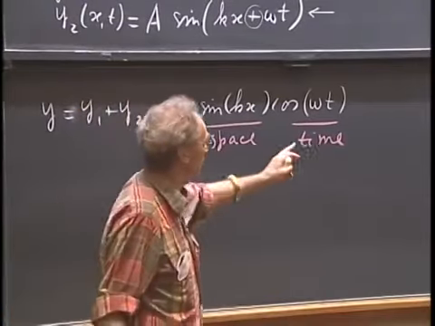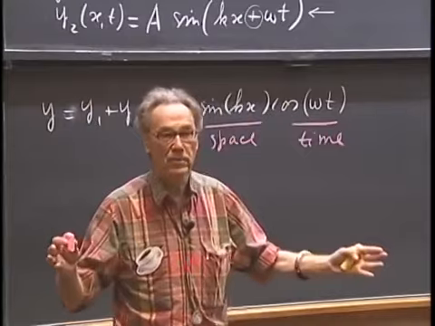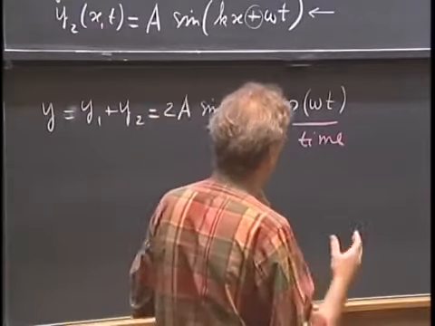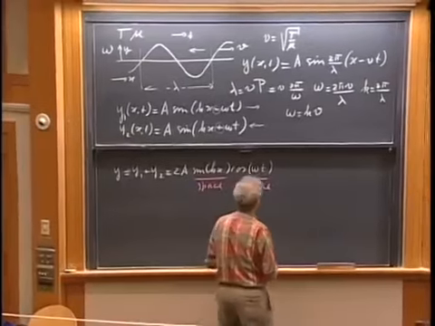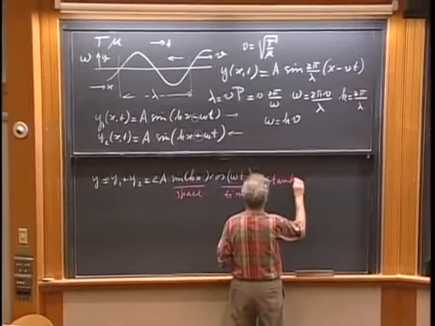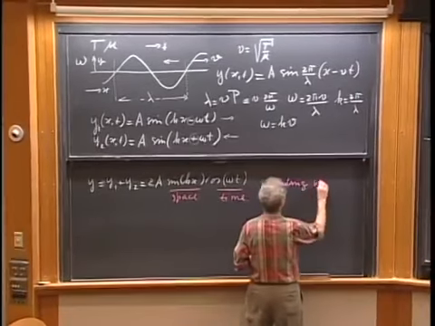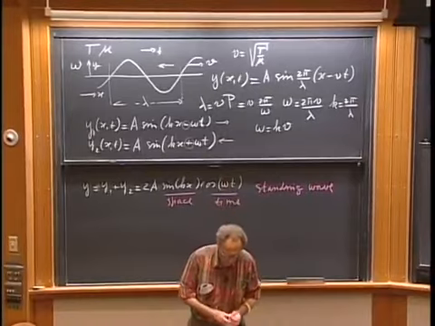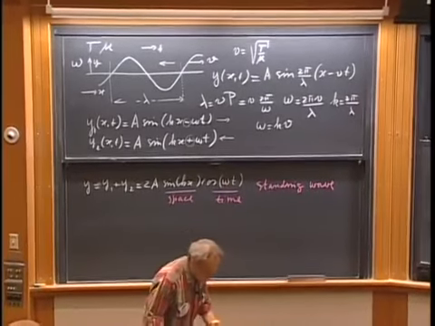The cosine omega t could never make it move. It always stands still. We call those nodes, and I will show you some examples. This has a very nice name. It's called a standing wave. Whereas those that I have there, we call traveling waves.